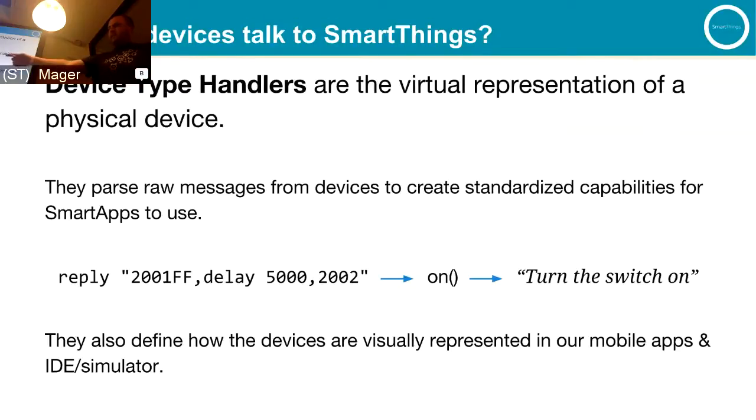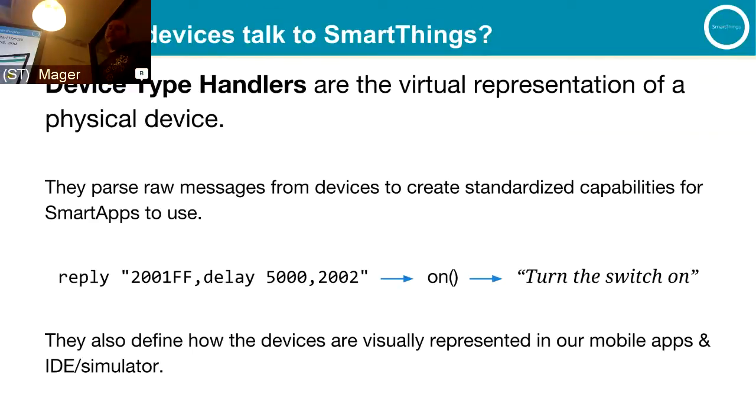And here's just an example from a real device type handler. I think it's a Z-Wave switch or something. Yeah, so it takes that raw data, makes a command for us to use, and turns the switch on. Also, device handlers are used to define how devices look inside SmartThings.